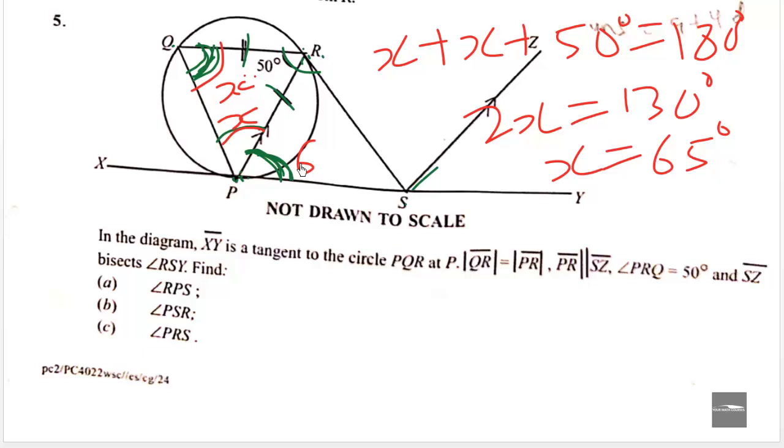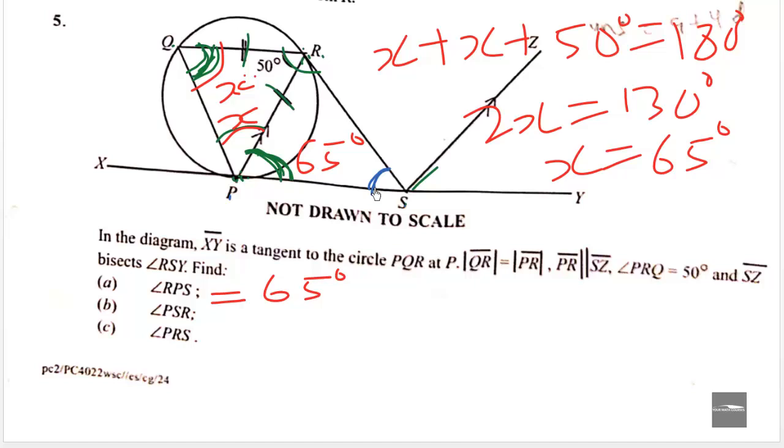This will also be 65 degrees. Therefore, angle RPS is 65 degrees by angle in alternate segment theorem. Then we are asked to find angle PSR. PSR, the angle here.